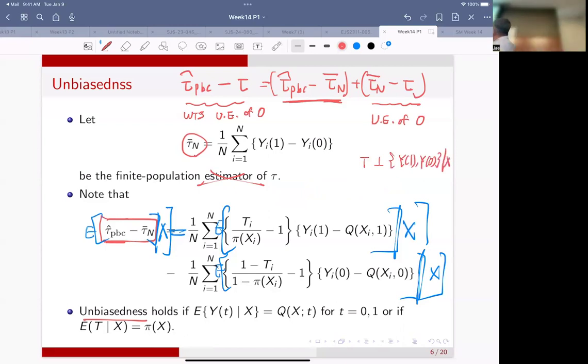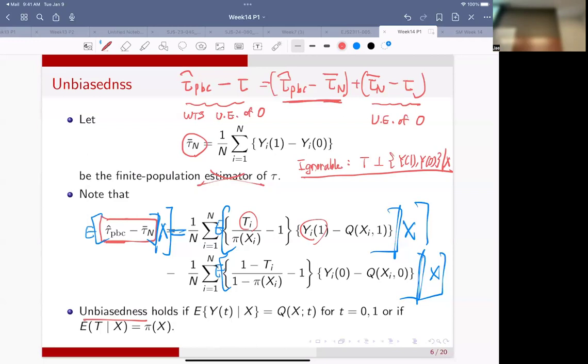This is strong ignorability, or NUC. Ignorability means this conditional independence: T and the potential outcomes y are independent, conditional on x.